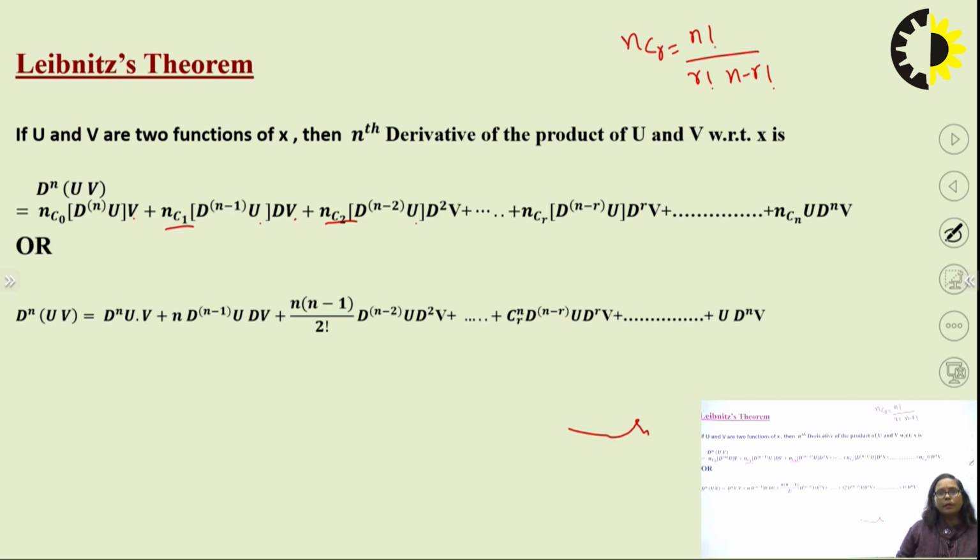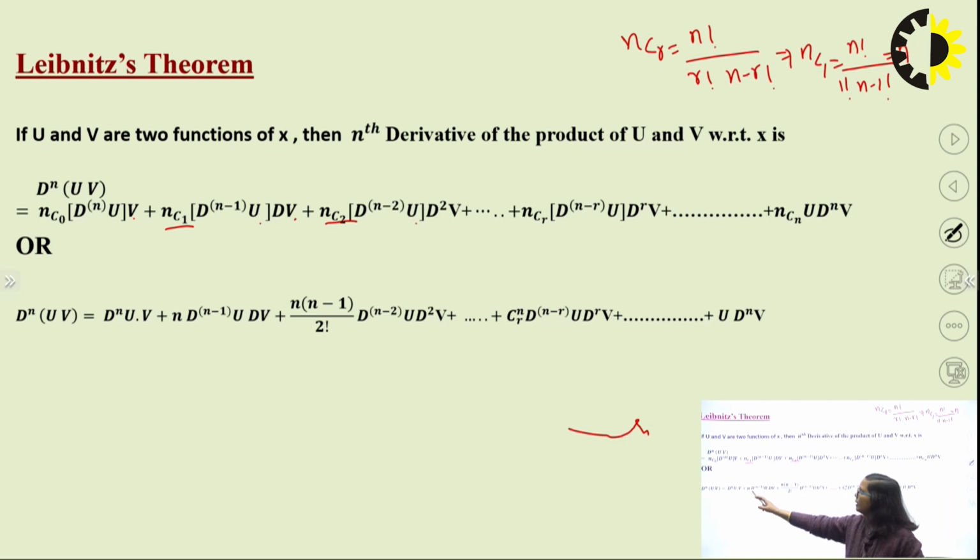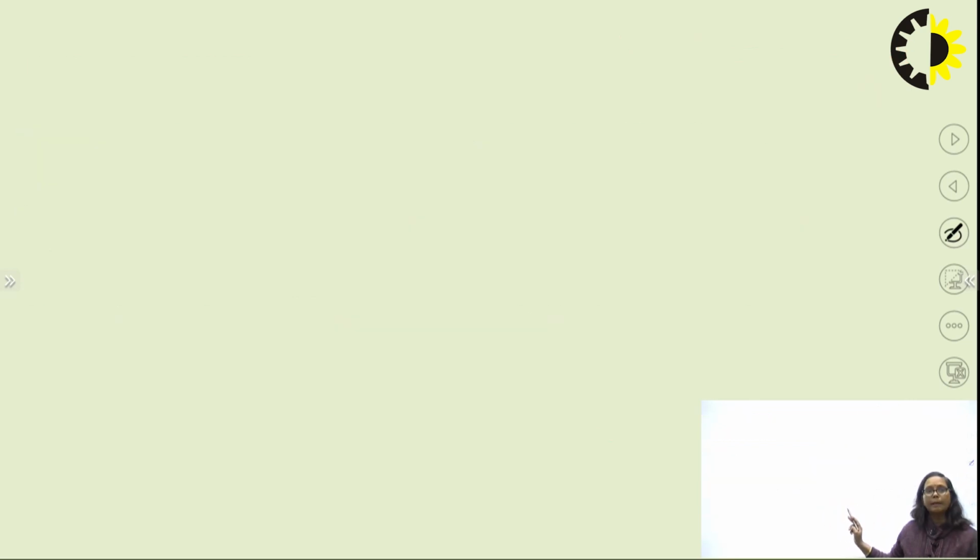If I put r equal to 1, nC1 becomes n factorial by 1 factorial into (n minus 1) factorial, which is equal to n. So nC1 is replaced with the value n, nC2 is n into (n minus 1) by factorial 2, nC3 is n(n minus 1)(n minus 2) by factorial 3, and so on. So Leibniz theorem is also written in this form; this is another way of writing it.